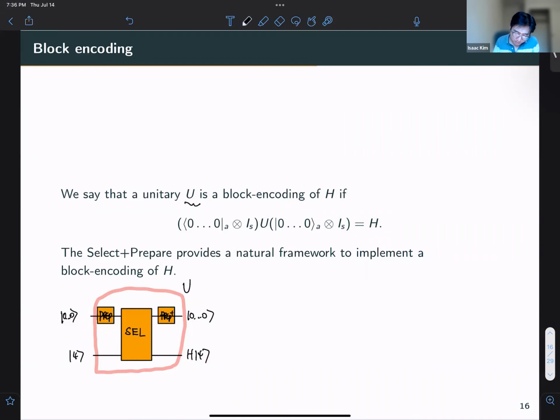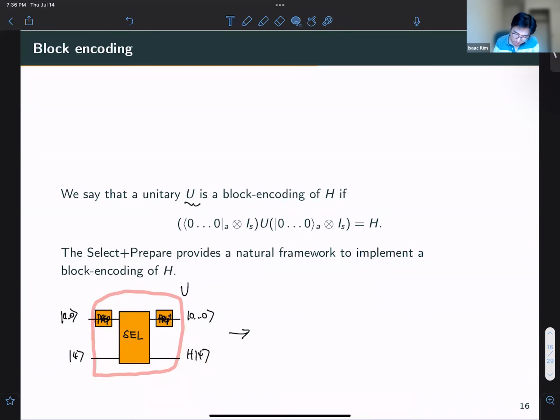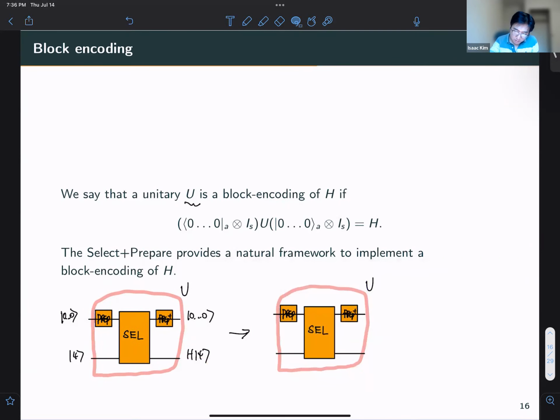And therefore, this amounts to just applying the Hamiltonian H to an arbitrary quantum state. And select and prepare provides a very natural framework to implement this block encoding of H.